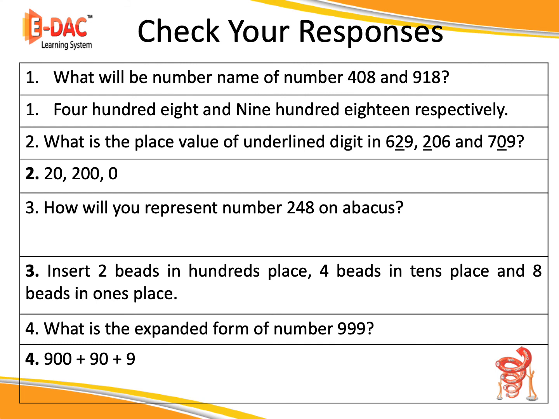The answer of third question is, to represent 248 on abacus, you'll have to insert 2 beads in hundreds place, 4 beads in tens place, and 8 beads in ones place. In order to write the number in expanded form, you can write it as 900 plus 90 plus 9, or also as 9 hundreds plus 9 tens plus 9 ones.